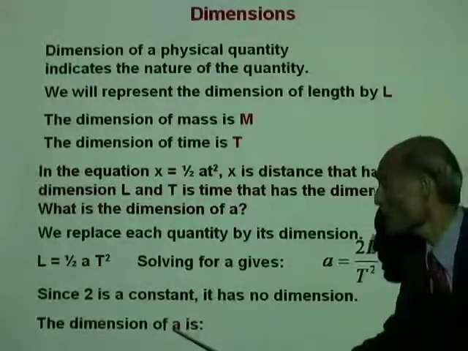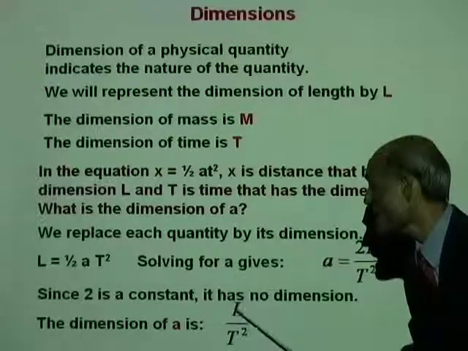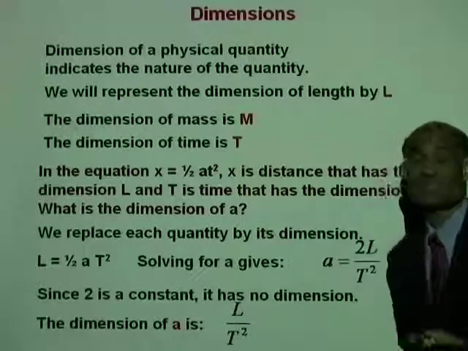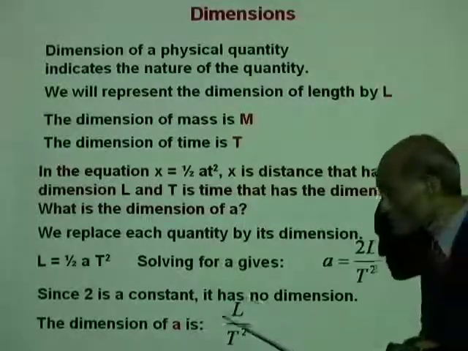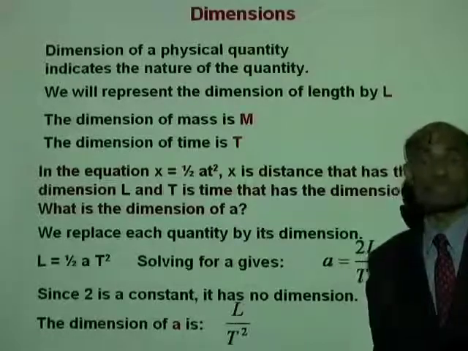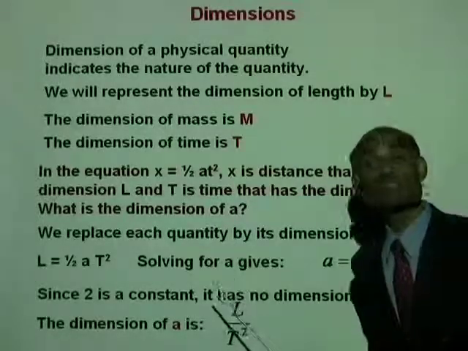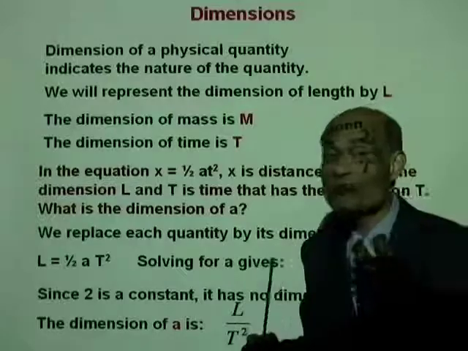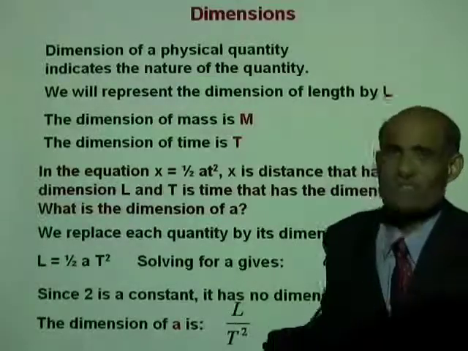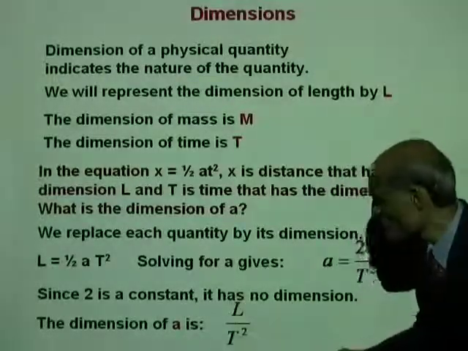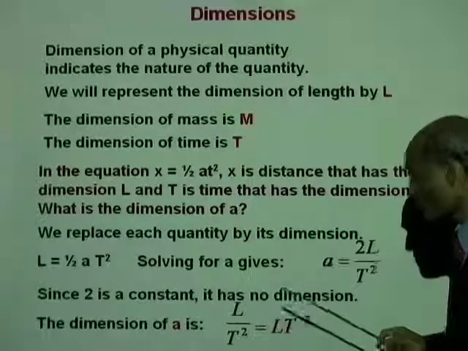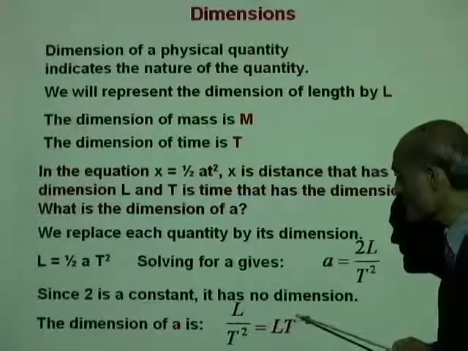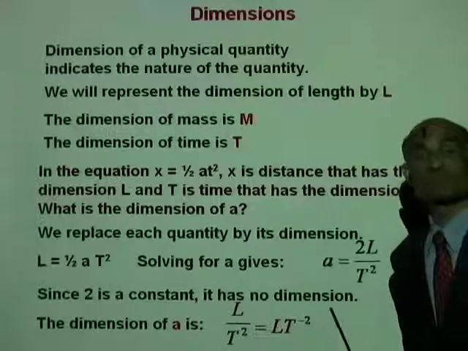The dimension of A, therefore, is L divided by T squared. And this is not the standard way to write it. You see, dimensions must be written in the standard way like you write the units. So how do we write this in the standard way? It will be written LT to the power of -2.